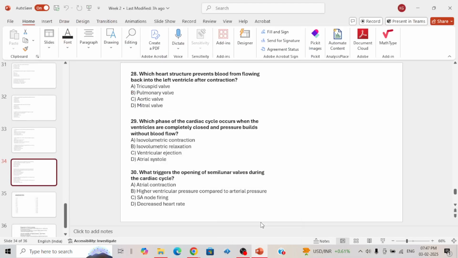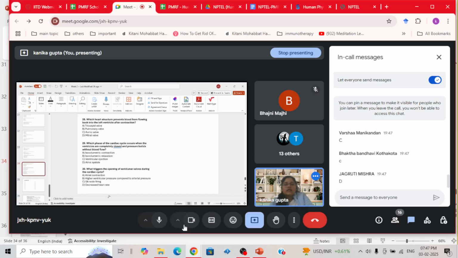Okay. Next question is, which heart structure prevents blood from flowing back into the left ventricle after contraction? ये क्वेश्चन हम पहले करके आए हैं. It is just the repetition, just the language is changed. हाँ जी.